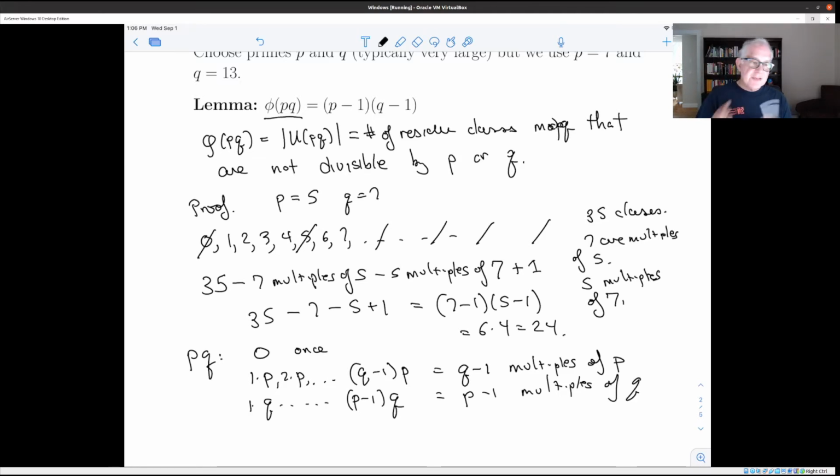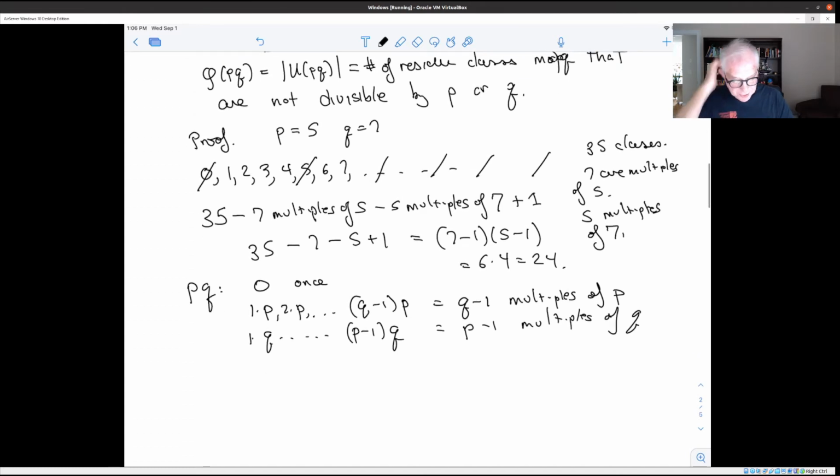Well, if you're divisible by both P and Q, then you'd be divisible by PQ, and that would mean that you would be congruent to 0 mod PQ. And we're only looking at the numbers from 0 up to PQ minus 1. So the only multiple of both P and Q which can fit in that interval is 0.